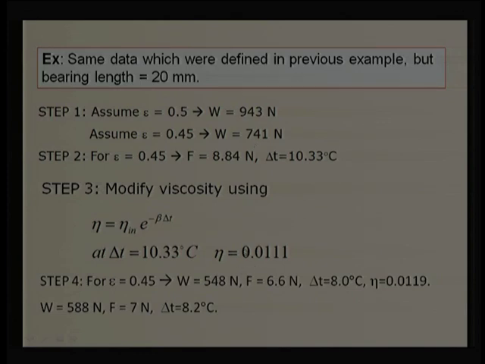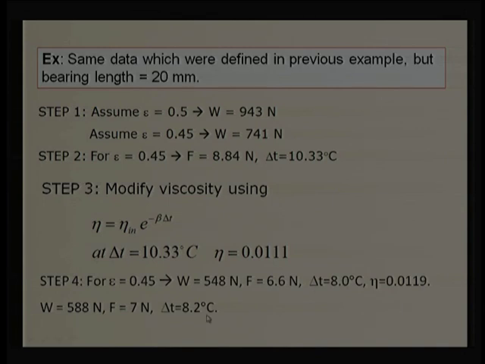Now, with this viscosity and eccentricity 0.45, load turns out to be 548 Newton, which is lower than the applied load. I can change viscosity, I can change eccentricity immediately here.